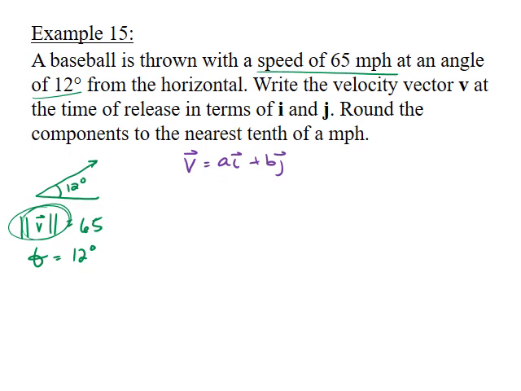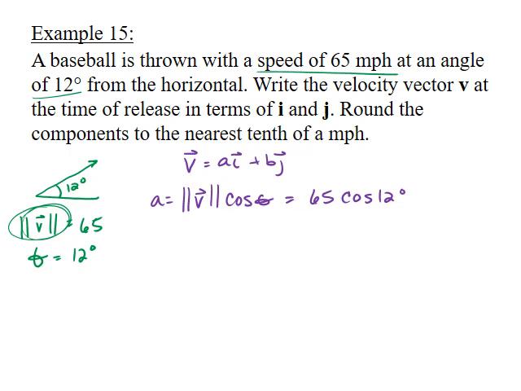So remember that a is found by taking the magnitude of the vector times cosine of theta. And we know each of these here. So 65 miles per hour times cosine of 12 degrees. So you'll want to be in degree mode.